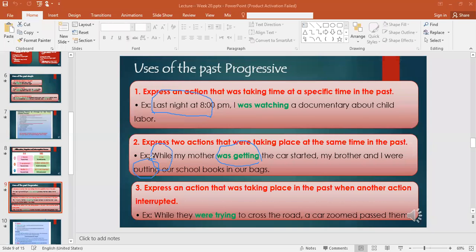Let me ask you something. The boy and the girl, or her brother, were doing something at the same time. Their mother was also doing something. How many actions do we have? Two actions. Are these two actions happening at the same time or separately?